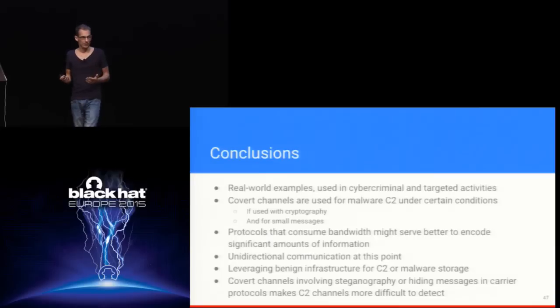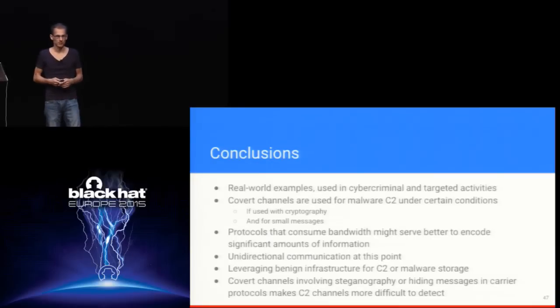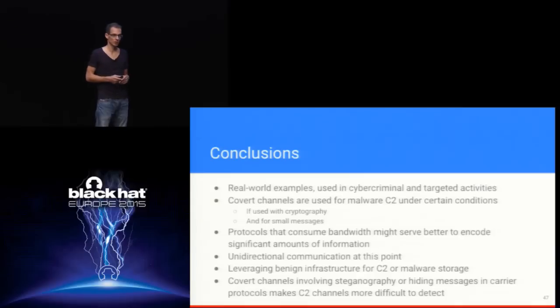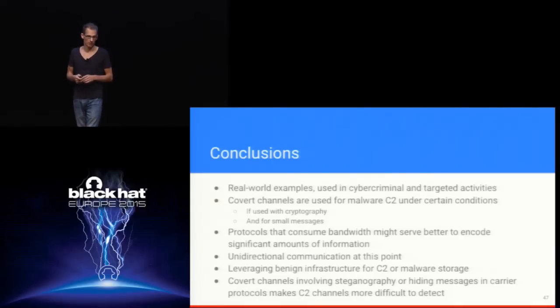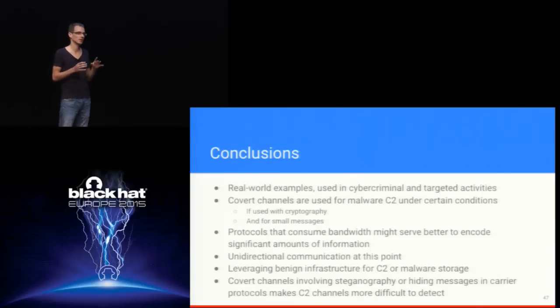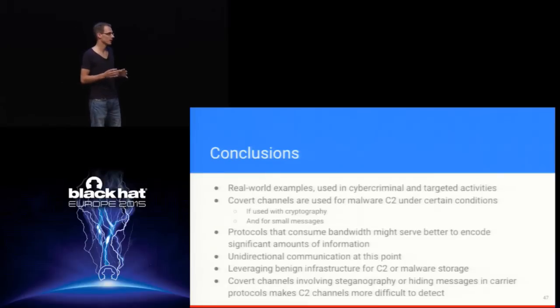So finally, we've seen covert channels that involve steganography or hiding messages in carrier protocols make C2 communication more difficult to detect. But I would say steganography is not a panacea, and hiding messages in inconspicuous carrier protocols is neither a panacea.